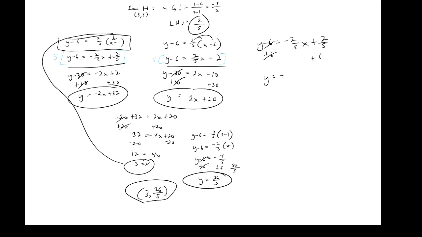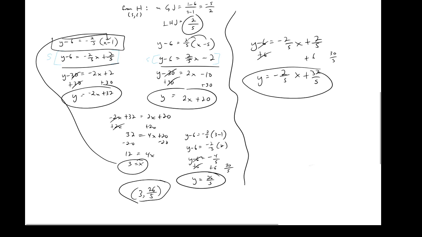So y is going to be equal to negative 2/5 x, right? And then adding 6 again to 2/5, well, this guy again is going to be 30/5. So guys, this is going to be 32/5. So that's one equation. All right.